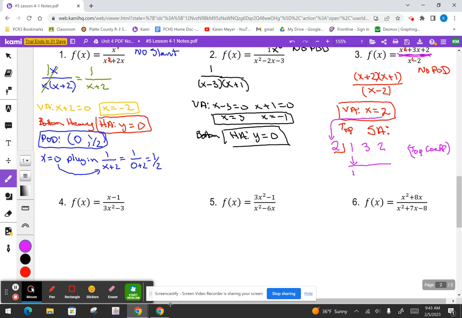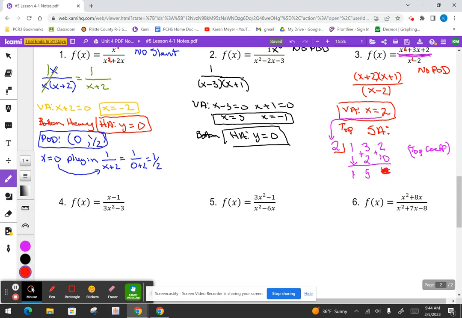Drop your first term, multiply. So 1 times 2 is 2. Now add. 3 plus 2 is 5. Multiply. 5 times 2 is 10. And 10 plus 2 is 12. But remember, it says do not use the remainder.